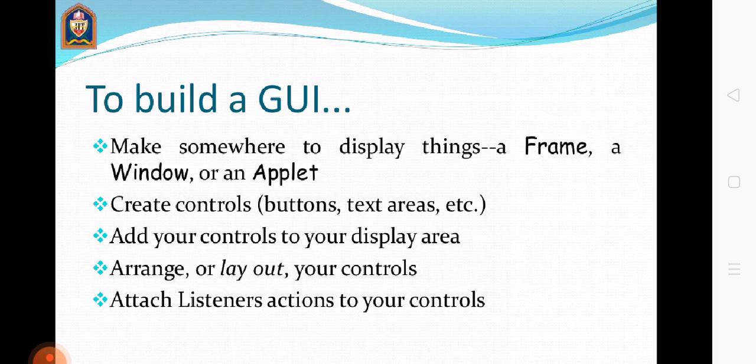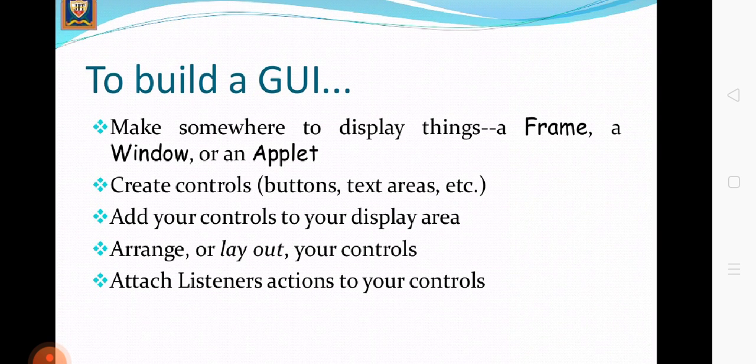So if we want to build a GUI application, we will have a frame or a window or an applet, and then we will build different types of controls, add them to a specific area, arrange them by using the layout, and then we will make them active by adding listener actions to our controls.